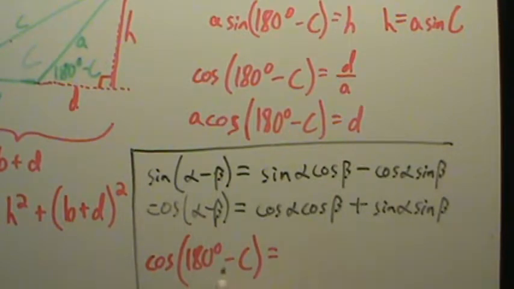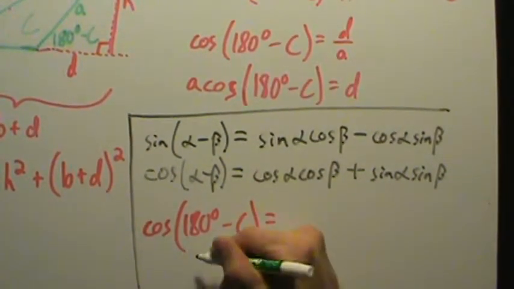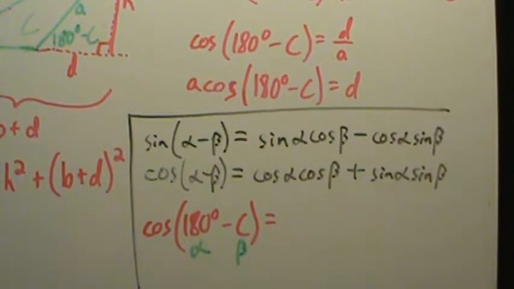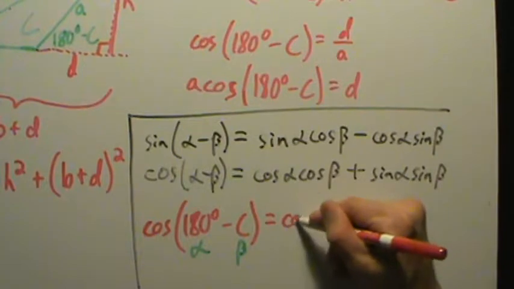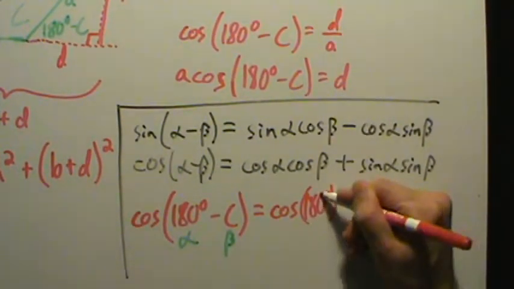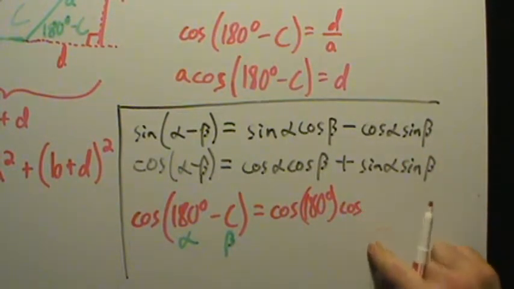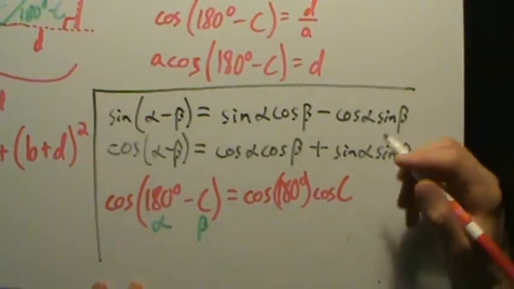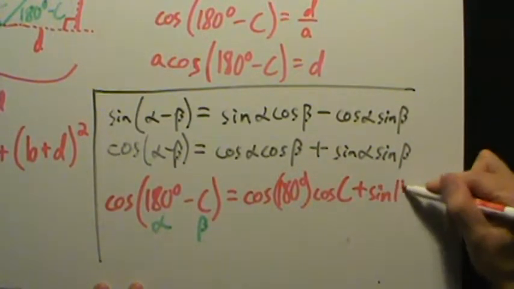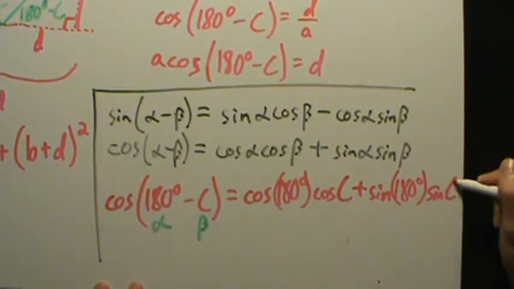Anyway, cosine of 180 degrees minus c is, so here's our alpha, and there's our beta. So this is cosine of alpha, which is 180 degrees, times the cosine of beta, and beta is just c, plus the sine of alpha, sine of 180 degrees, times the sine of beta, and beta is just c.